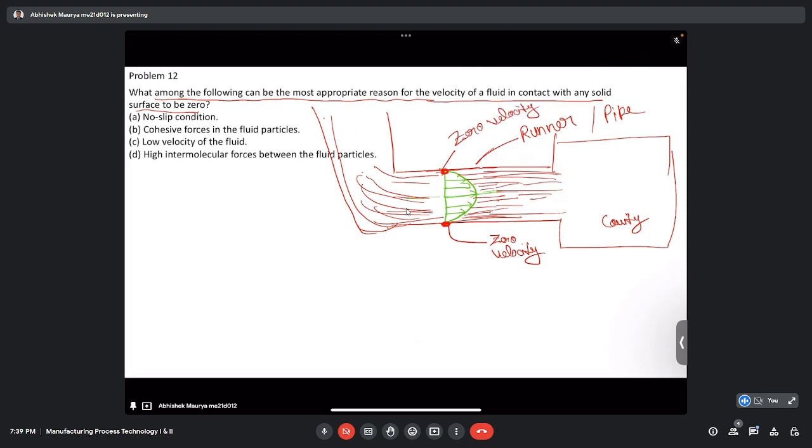So why is it happening? Why is the velocity zero here? You have come across two words, adhesive force and cohesive force.